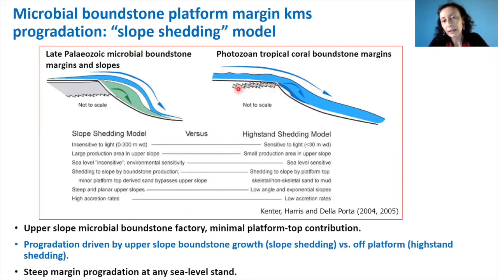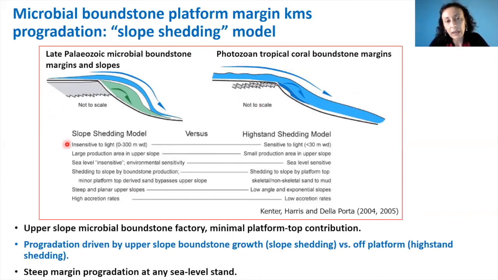The high relief platform has a steep margin and a slope that is sourced partly by the coral reef at the margin, but largely from platform top derived sediment. This type of process was defined in 1994 by Schlager as the high standard shedding.